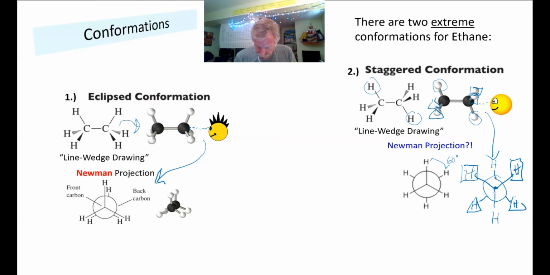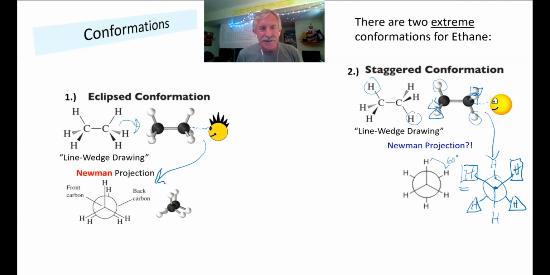So notice these two Newman projections are essentially equivalent, but just from different points of view. They both have the hydrogens 60 degrees away from each other as you look down the carbon-carbon bond, okay? And this staggered conformation is much more energetically favorable than the eclipsed one.